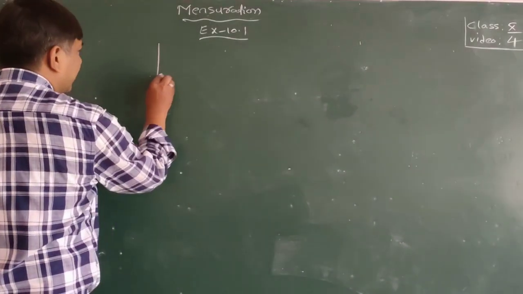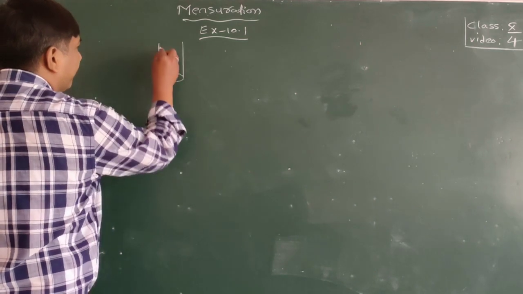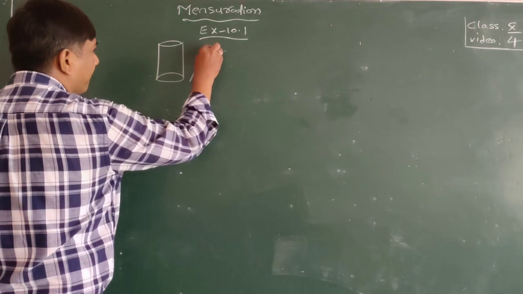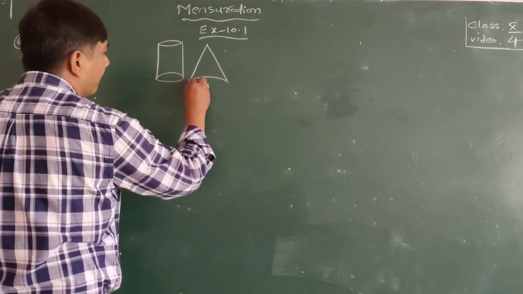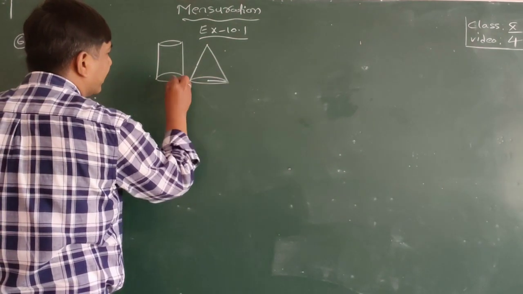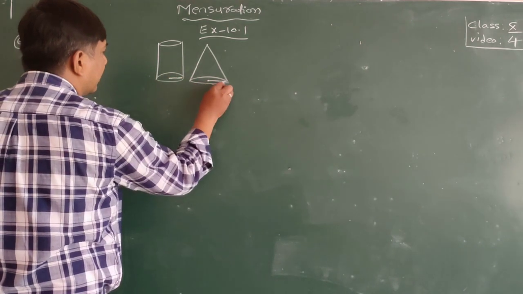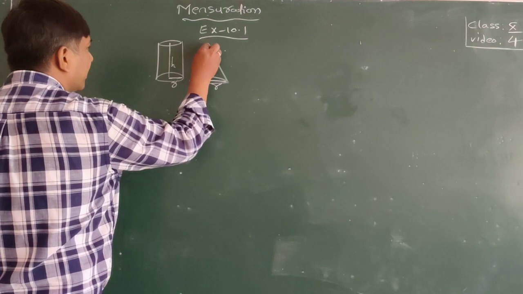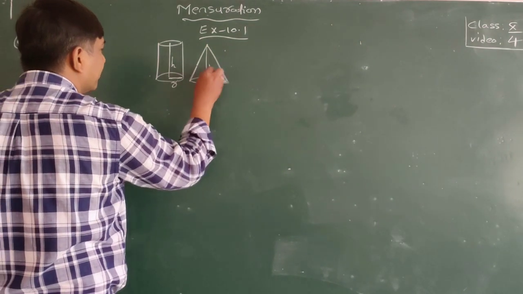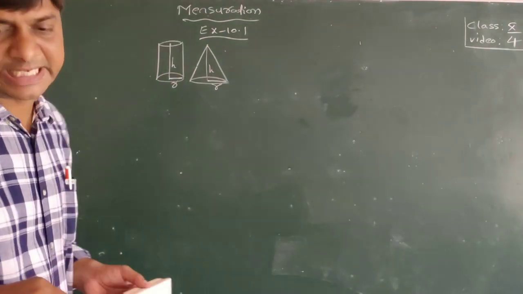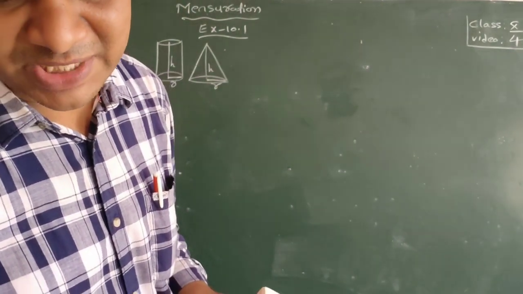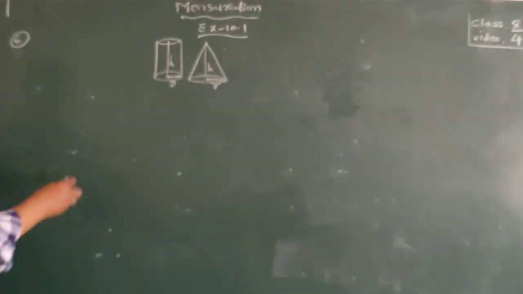A cylinder and a cone, same radii R and same height H, same height and same radii. Show that their volumes are in the ratio of 3:1.